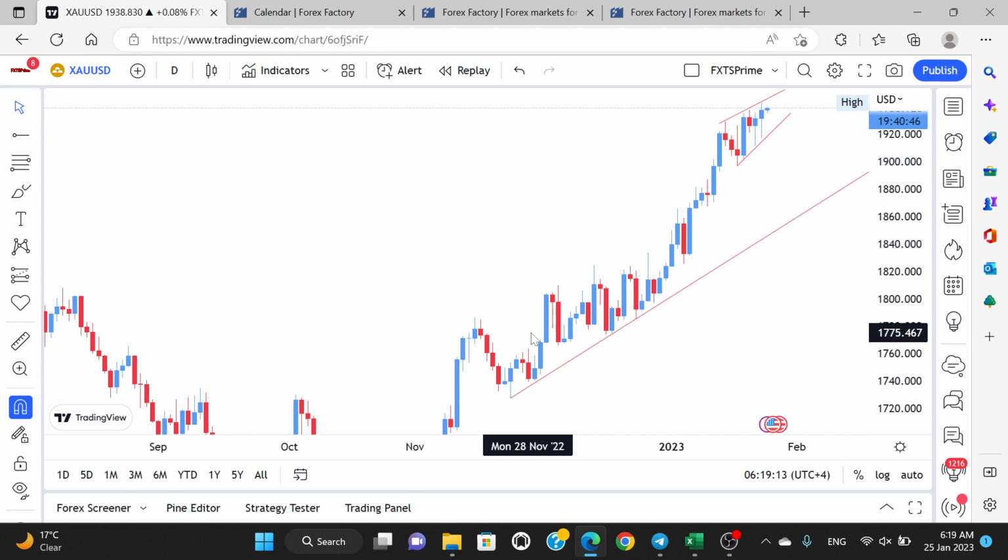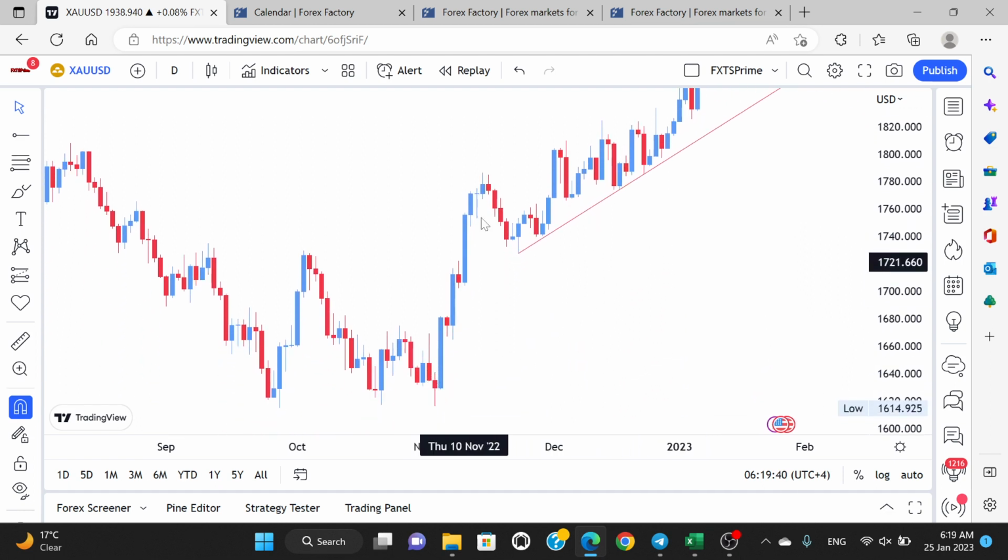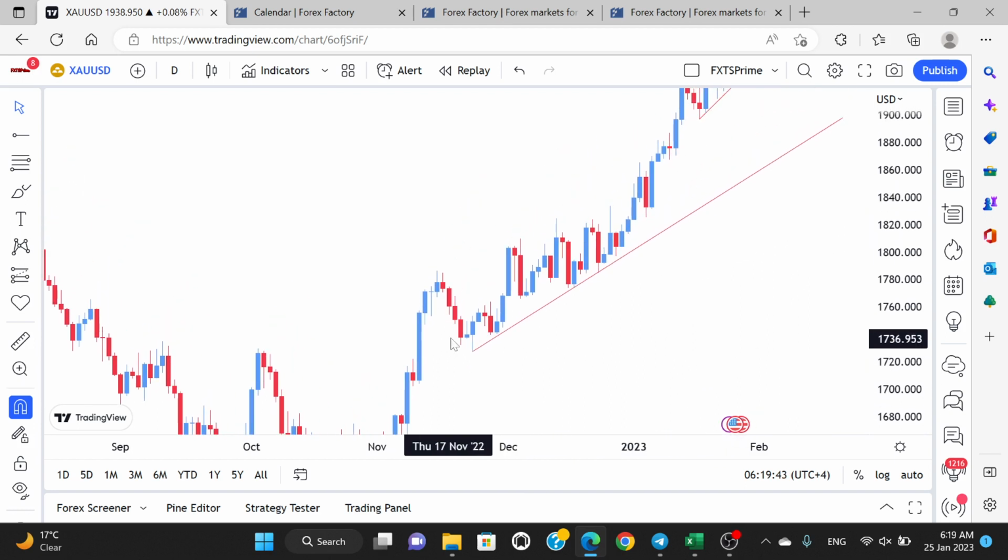If there are sellers sitting on the top trying to push the price down, however, somebody is countering that and pushing the price up, the most appropriate thing to happen is that this movement has to correct. That is the normal way.